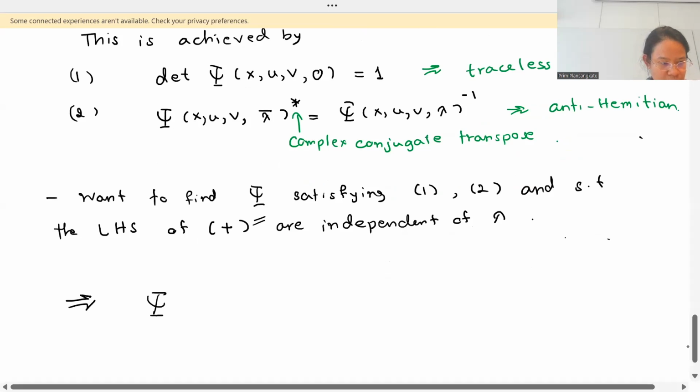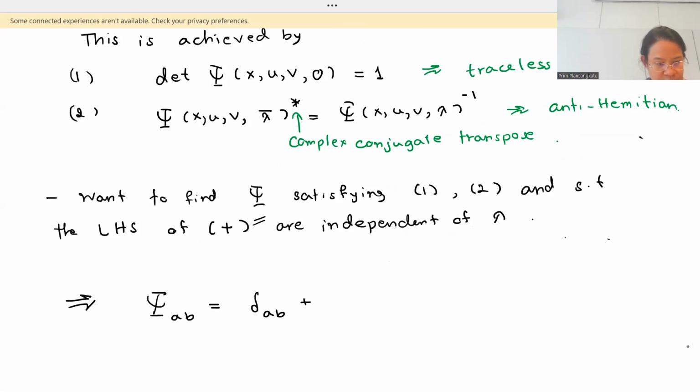The psi will be in this form. I'm writing it in components. Let me write it this way. This is better. Sorry.